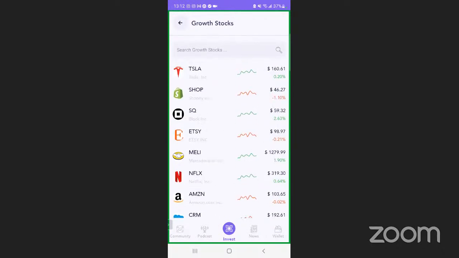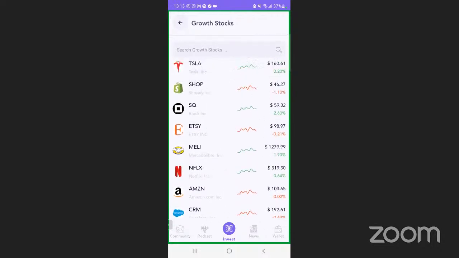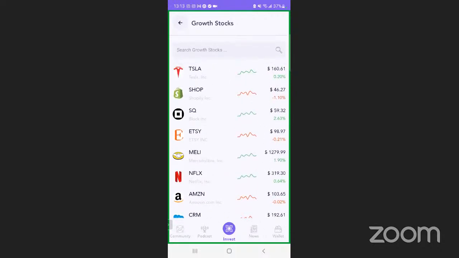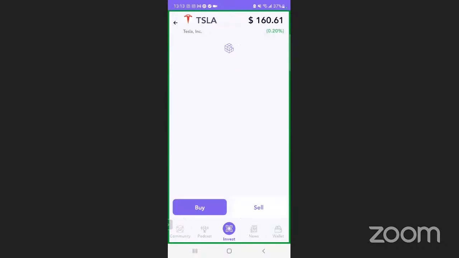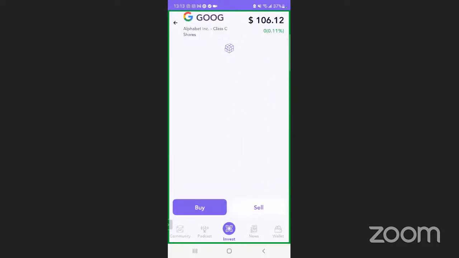We have examples like Tesla, Shopify, Block, Netflix, Amazon, and Alphabet. Please remember we also talked about diversification. I don't want you to buy all these stocks. You just select a few. You can select, let's say, Tesla, then click buy, then select maybe Google and buy.